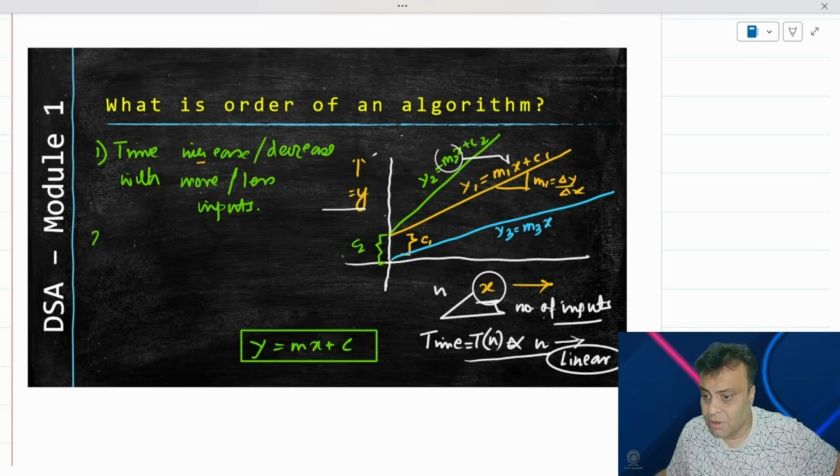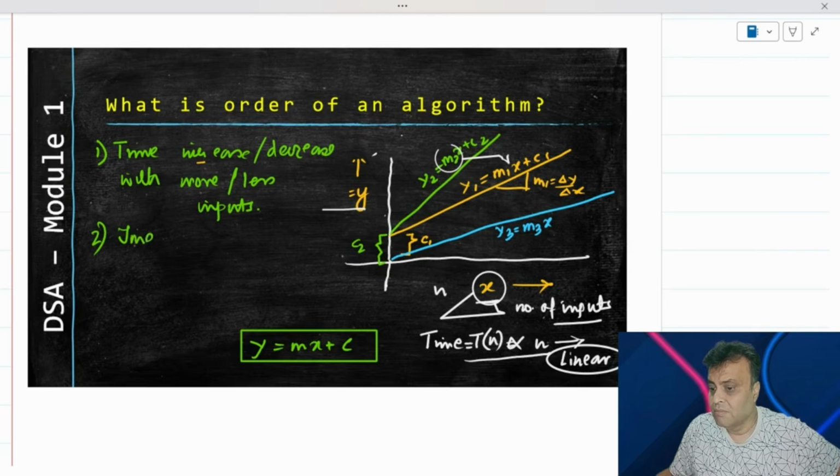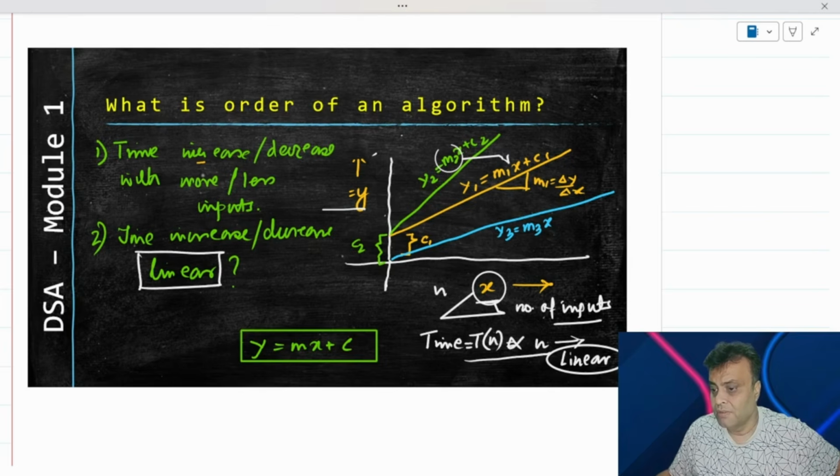Next thing that we are worried about is by asking ourselves, is the increase or decrease in time in a linear fashion? That is what we want to find out. So this is important, and this is important.